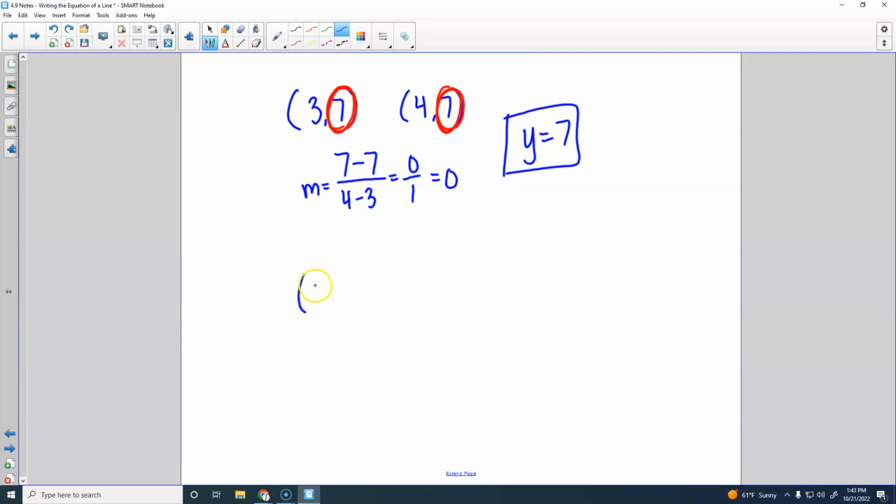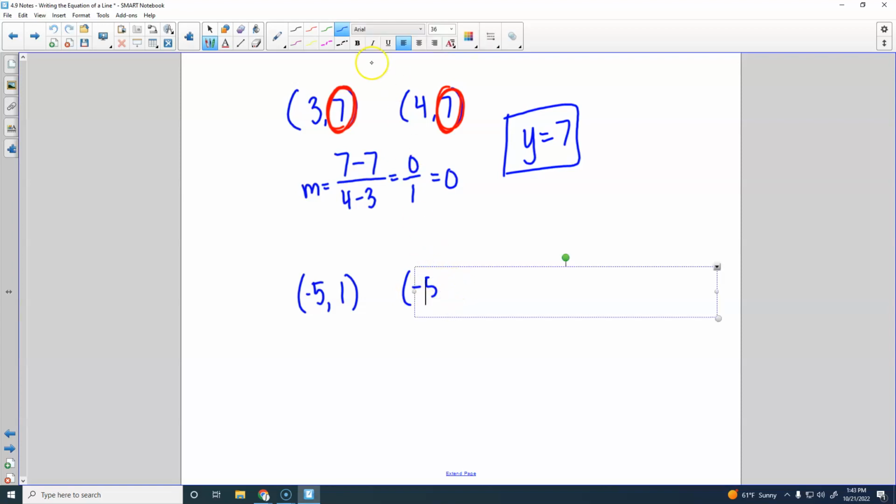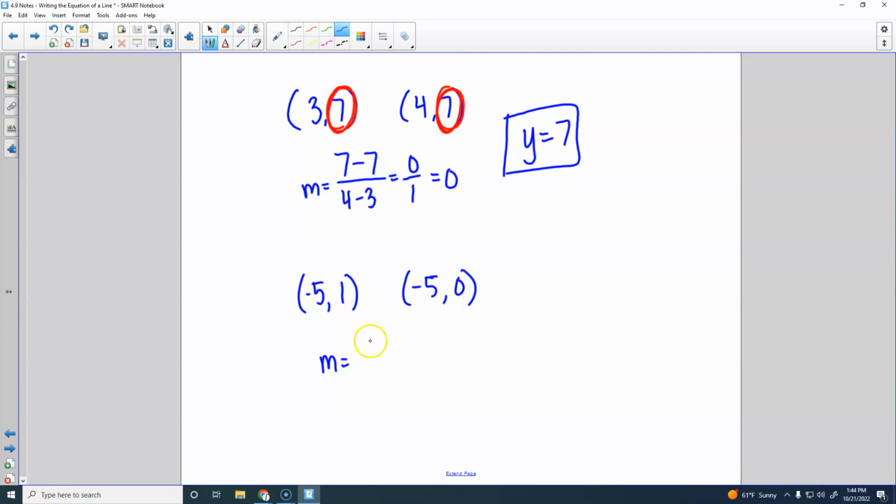What about if I have negative 5, 1 and negative 5, 0? If I try the slope for this, I'm going to get 0 minus 1 over negative 5 minus negative 5. All right, so that would be negative 1 over 0.